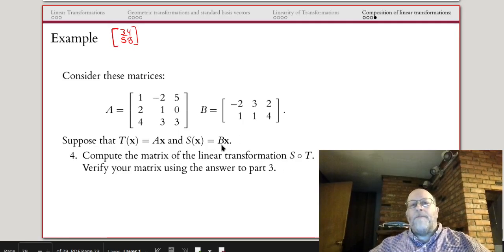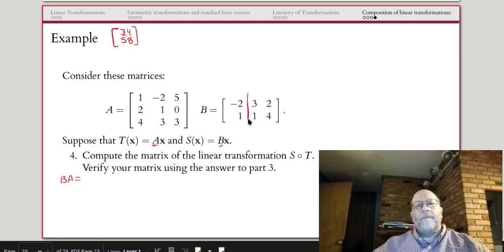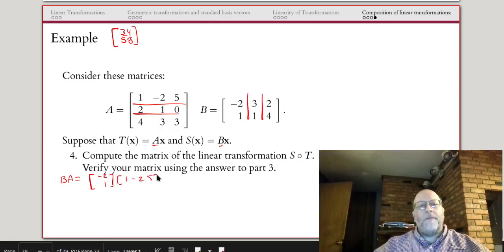So that is going to be B, because S comes first, times A. So B times A. So we're going to do columns on B and rows on A. So this is going to be -2, 1 times 1, -2, 5 plus 3, 1 times 2, 1, 0 plus 2, 4 times 4, 3, 3.